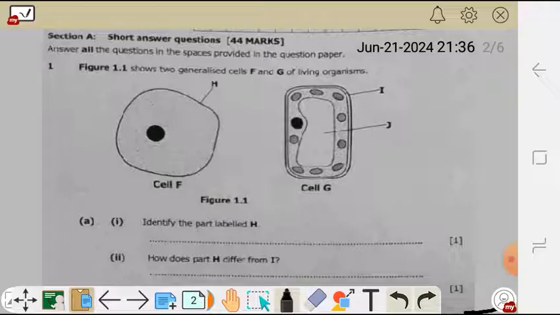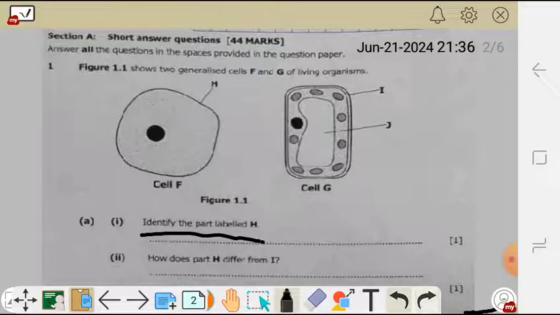This other cell has a regular shape, and when we look inside it, we can see it has a vacuole, which is letter G. That clear part is a vacuole where we have water and mineral ions. And we have two membranes: the outer membrane, and another inner membrane. With those features, we can say this is a plant cell. So this is an animal cell.